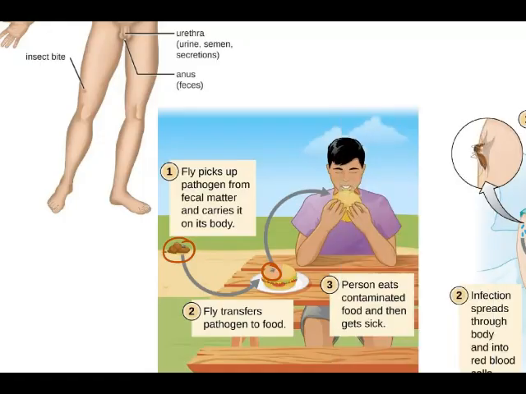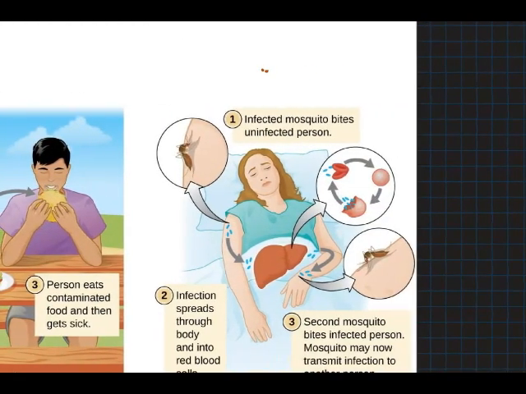Now, this is the biological vector. This mosquito takes a blood meal and ingests the blood with the pathogen in it, such as yellow fever or malaria. That would be mosquitoes, ticks, midges, things like that. That would be a vector.